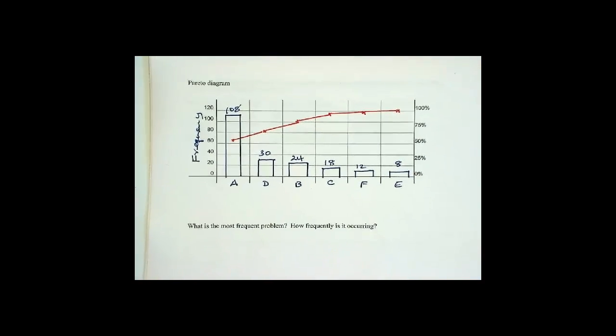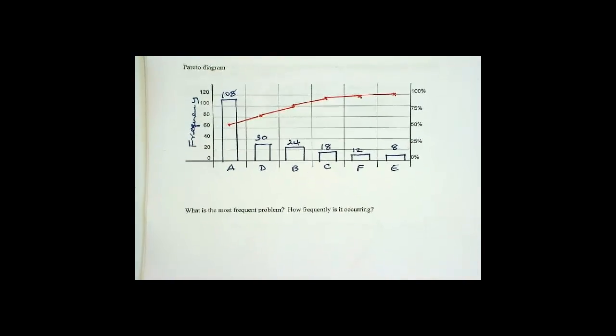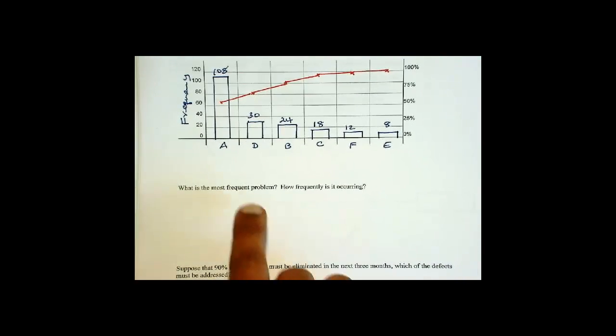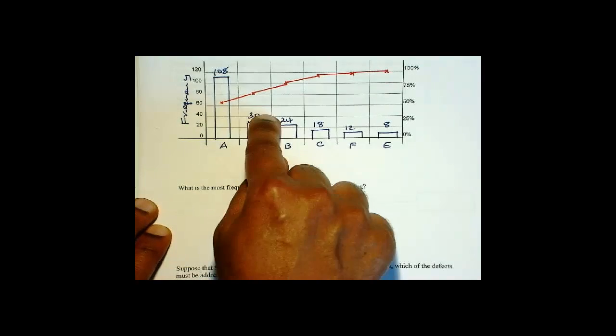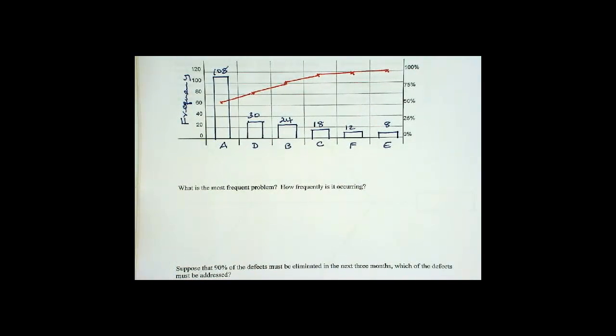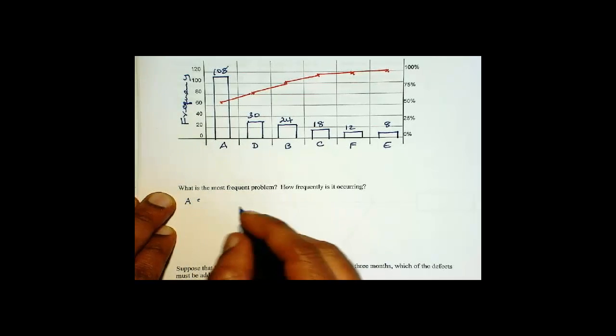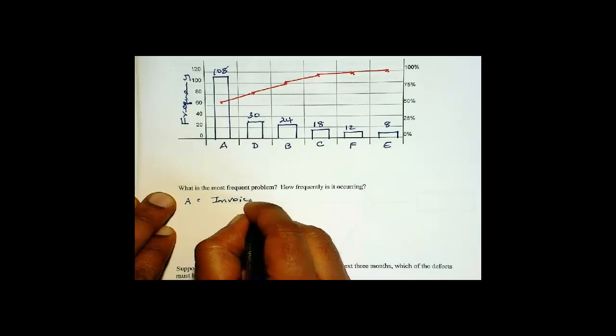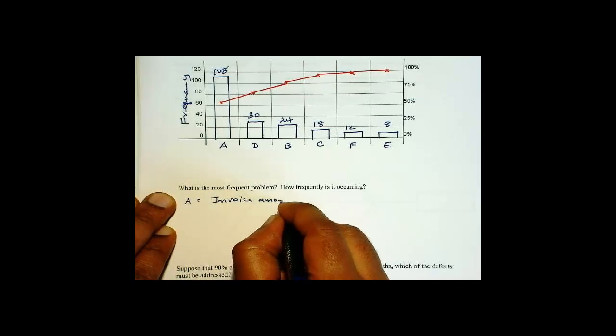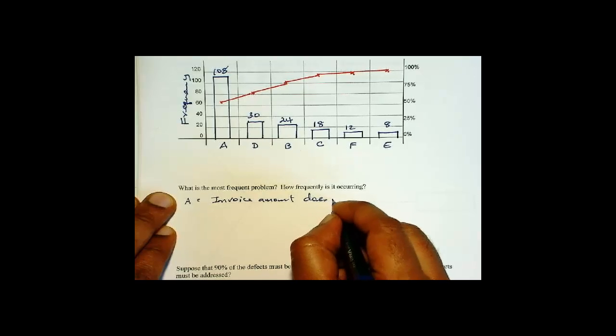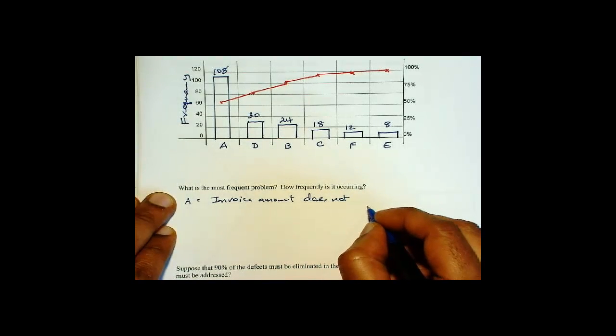Now let's try to use this Pareto diagram. How are we going to make use of the diagram? Here are some questions that we can try to answer using the Pareto diagram. The first question is, what is the most frequent problem and how frequently is it occurring? Most frequent, of course, is the first one, A, and A is invoice amount does not agree with the check amount.